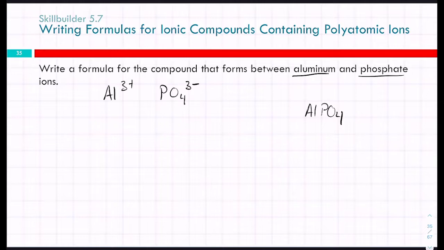You can also use the crisscross method. And this highlights an important point about the crisscross method. If we take this 3, put it over here, take this 3, and move it over to aluminum, we'll get Al3 in parentheses, PO4, and then outside of the parentheses, 3. Because those both have 3 as a subscript, we can simplify that. Because remember, this is an ionic compound.